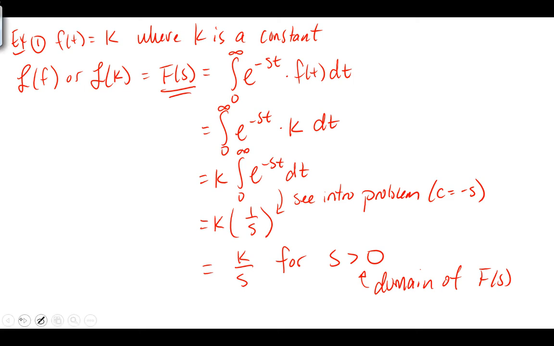Okay, let's just try another one just so we can see a little more of what might happen. Let's try a little more complicated function. Maybe we'll do an e function, and to make it a little more interesting, rather than just e to the t, let's throw a number in there, so e to the at, where obviously a is a constant.